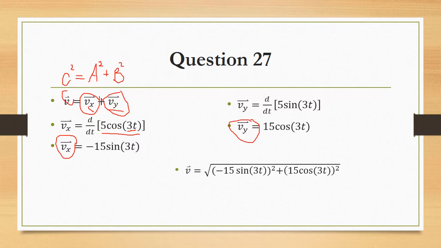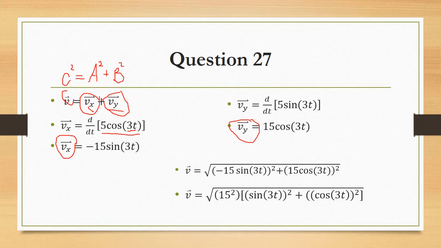This looks like a complicated mess, I'm sure, but it's a lot easier than it might seem, and here's why. You can factor out sine squared of 3t plus cosine squared of 3t, this whole term. And the sine squared of anything plus the cosine squared of the same thing is 1. So all you end up with is 15 squared times 1, and the square root of all that is just 15.